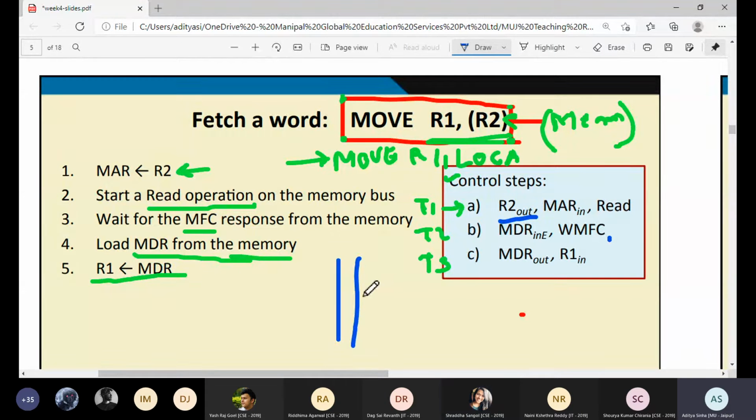Just think, this is your memory. No, so the system bus. It'll go to the system bus. I'm asking for the first step. For the first step, is it connected with the memory or the system bus? Think, should I show the other diagram again?